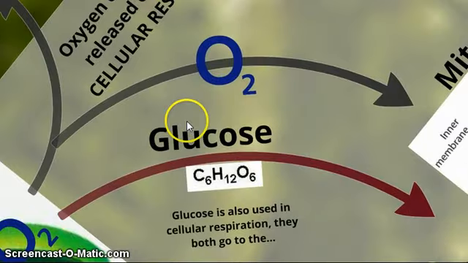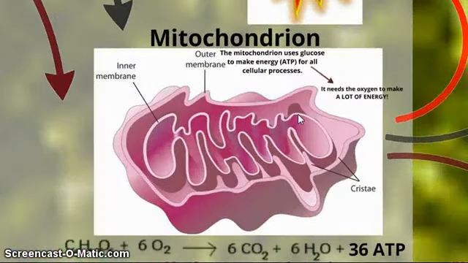Okay, so now the products of photosynthesis are not just glucose but also oxygen. Both of these molecules are used in the mitochondria during cellular respiration to make energy. So we're going to follow these molecules in through that process, as they go into the mitochondria.